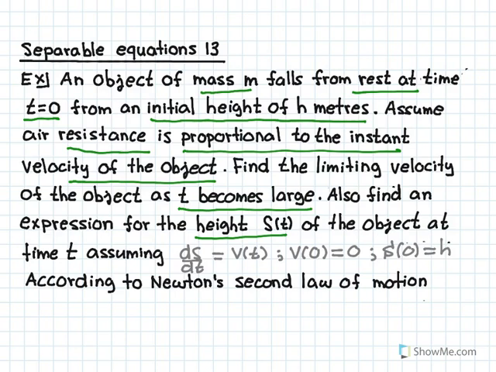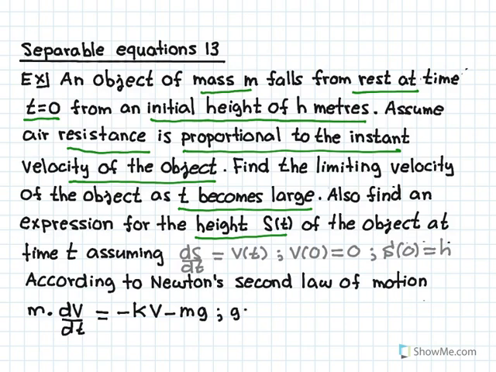Now, according to Newton's second law of motion, mass times acceleration, and acceleration is the same as dv/dt, the rate of change of velocity with respect to time. So mass times acceleration is equal to minus kv, which is the force due to air resistance, minus mg, which is the force due to gravity.